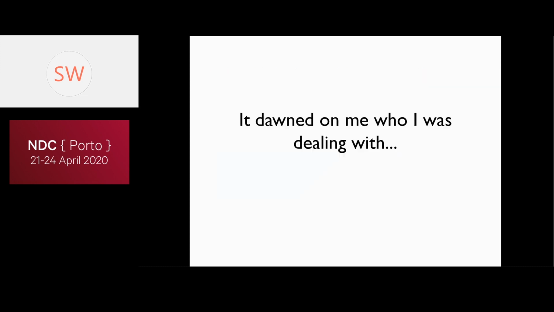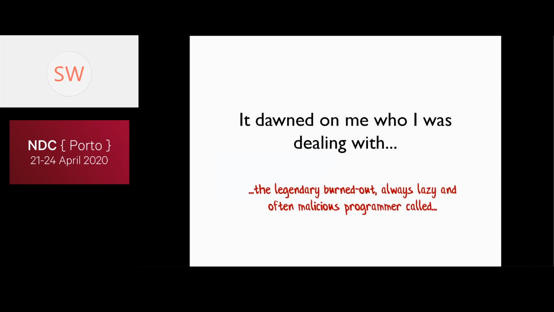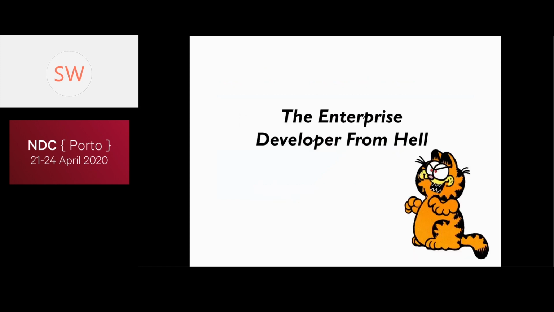It dawned on me that I was dealing with a certain kind of person, the legendary burned-out, lazy, malicious programmer called the enterprise developer from hell. In your life as a developer, you've probably met people like this. They are lazy and also malicious, and sometimes they just try to make life worse for everybody else.